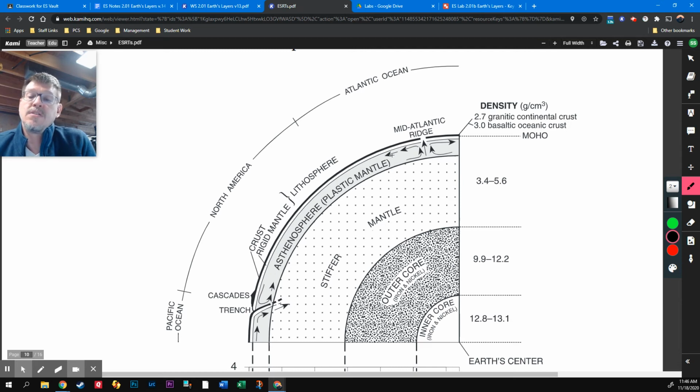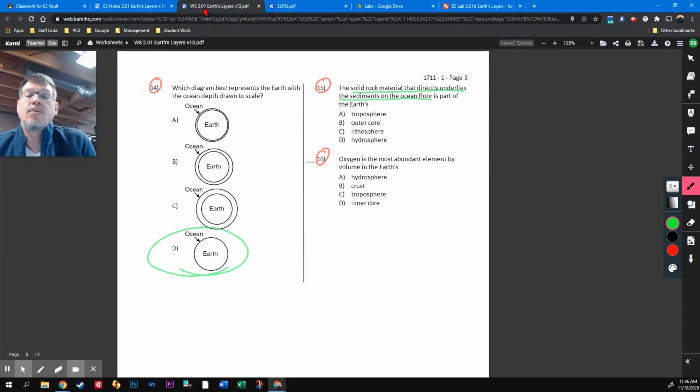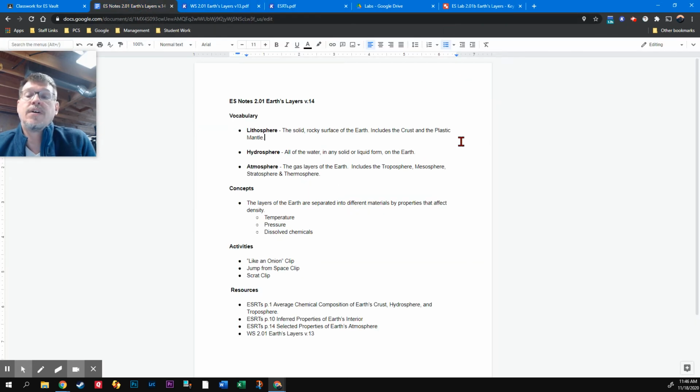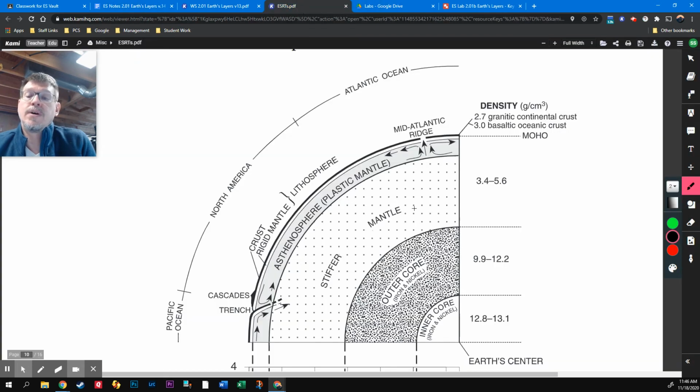So the lithosphere is the outside rocky edge. It's that black line, and that's what the water would be sitting on. It's sitting on top of the crust, which is part of the lithosphere. Going back to our notes, let's change that first. From the reference tables, it should include the rigid mantle.